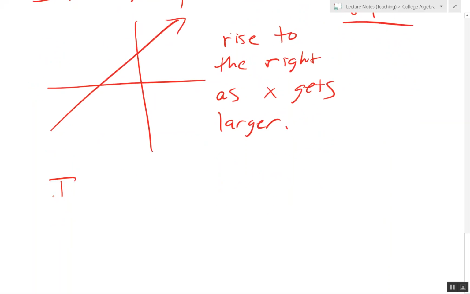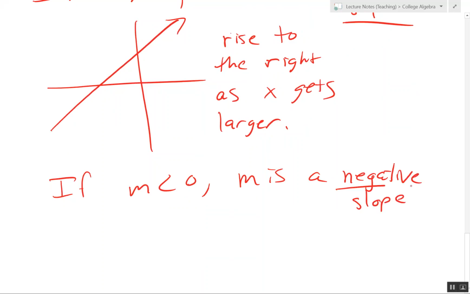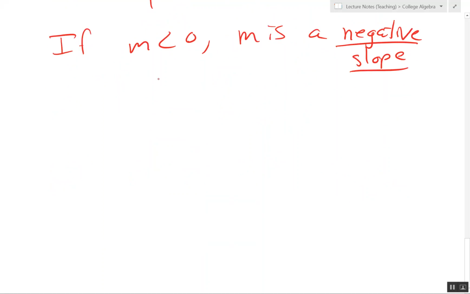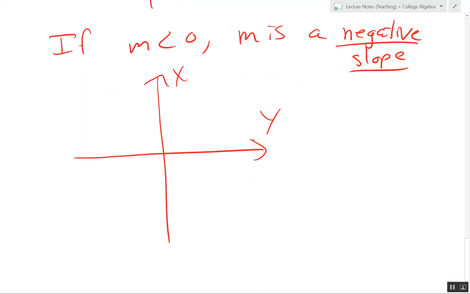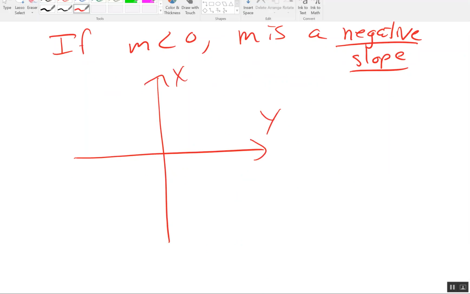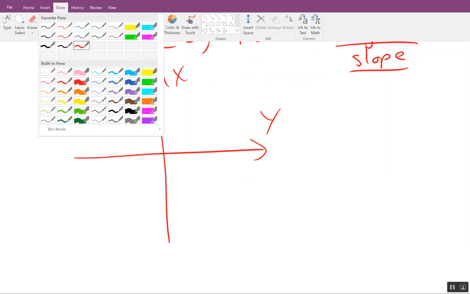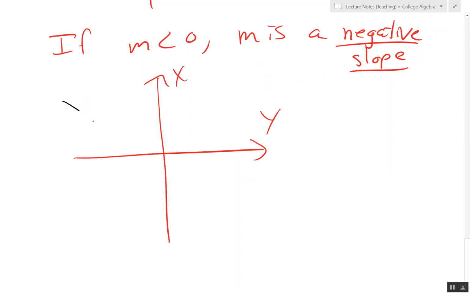And if m is less than 0, then m is a negative slope, and the graph will look like this. So here are the x and y axes, and our line will go like this.